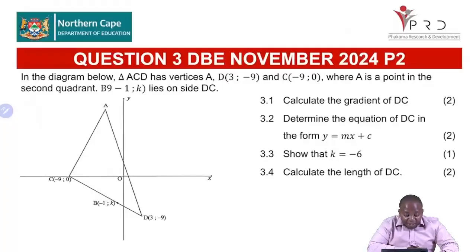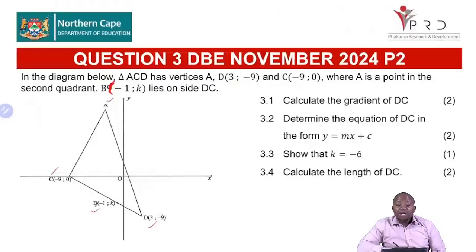B has coordinates (-1; k), and lies on the side DC. So we're given those points, and you can see all of these points are represented. We have A, we have C, B and D, and we have our figure drawn there.